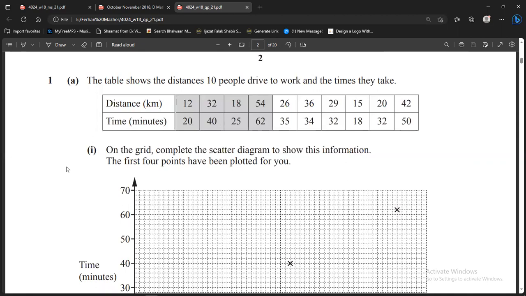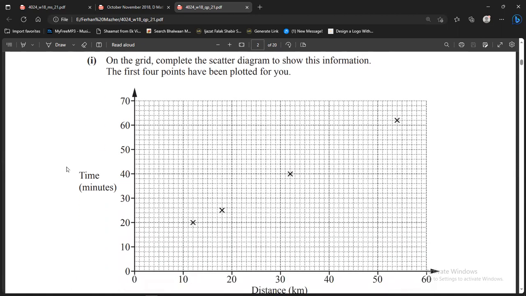So 12 kilometers, 20 minutes; 32 kilometers, 40 minutes; 18 kilometers, 25 minutes; 54 kilometers, 62 minutes; 26 kilometers, 35 minutes; 36 kilometers, 34 minutes; 29 kilometers, 32 minutes; 15 kilometers, 18 minutes; 20 kilometers, 32 minutes; and 42 kilometers, 50 minutes. On the grid, complete the scatter diagram to show this information. The first 4 points have been plotted for you.